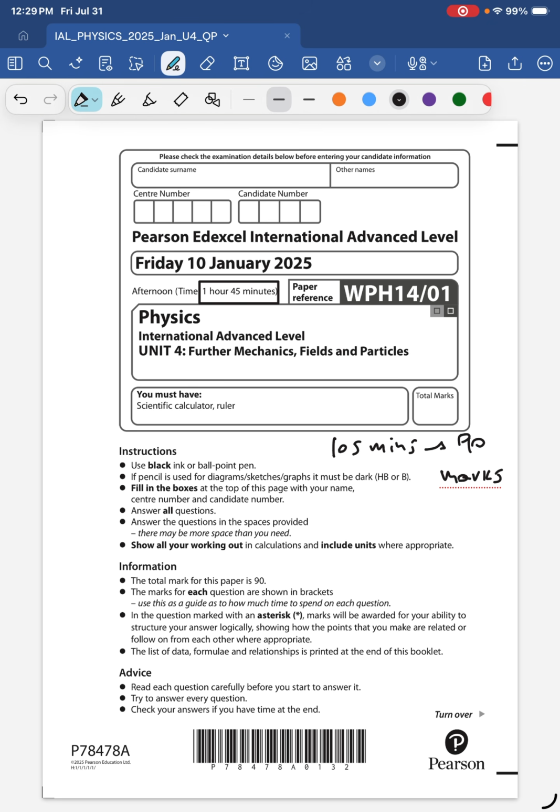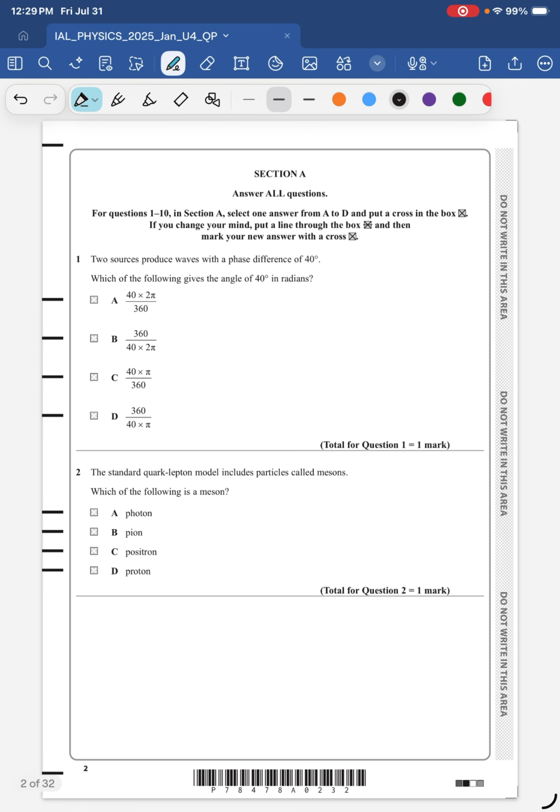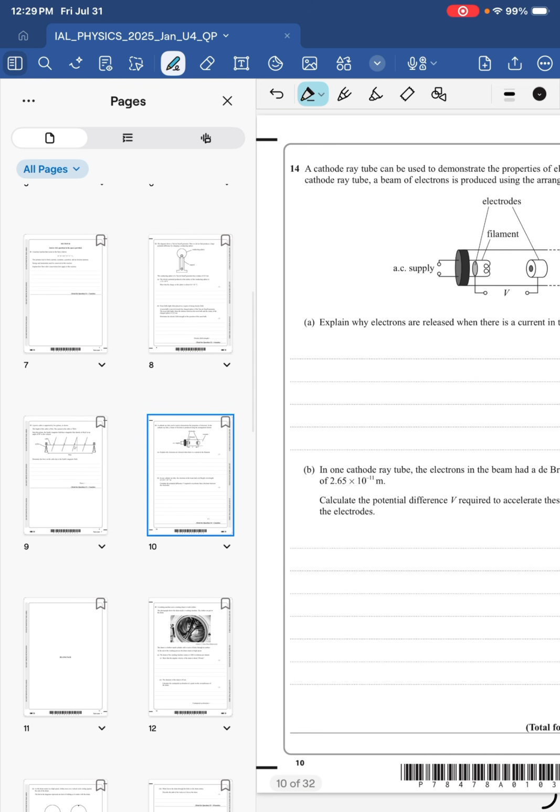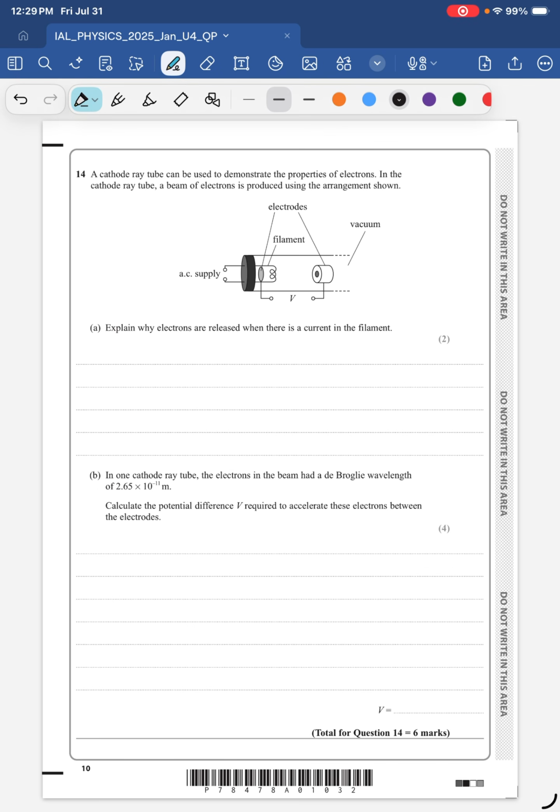Third, this is more applicable to section B. Usually section B questions have a part A, part B, part C, etc. So sometimes part A might be incomprehensible, but if you skip it and read part B, it might actually guide you in what the answer in part A is, and similarly for parts C, D, whatever. I hope this makes sense.